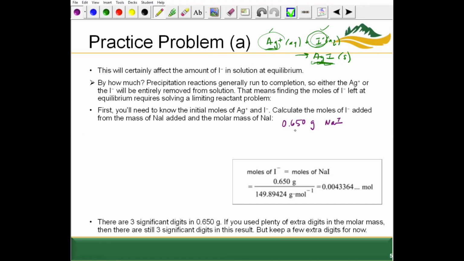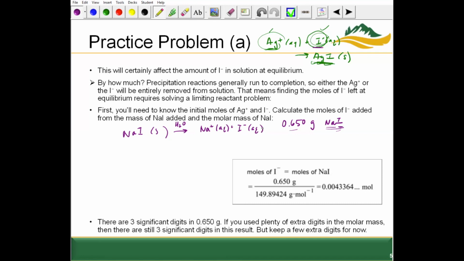So we know there are 0.650 grams of sodium iodide in solution, but again, we're just interested in how much I minus comes from that sodium iodide. So to figure out how much I minus from this whole ionic compound, we can think about this NaI solid then gets put into water and forms these Na plus ions and I minus ions.